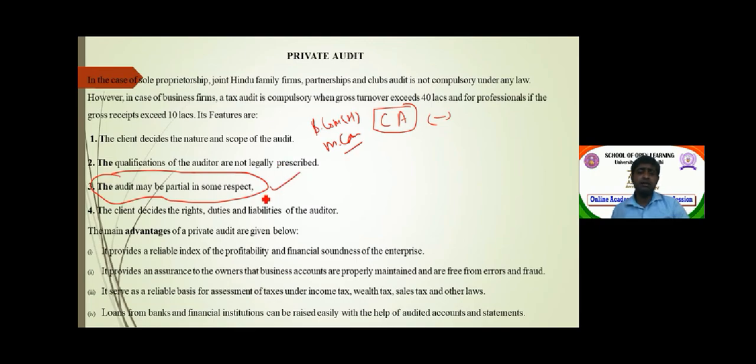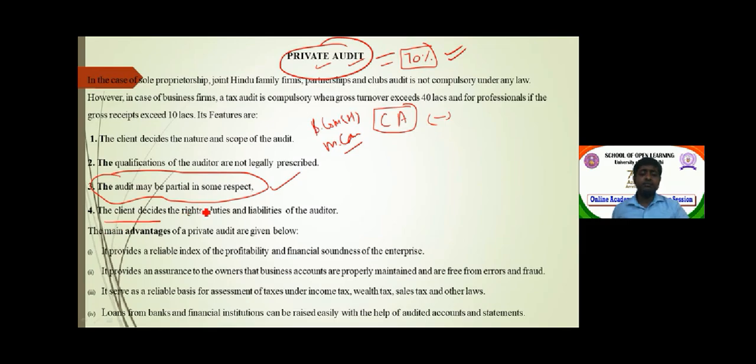Partial in some respect means that when you want to get your accounts audited only 70% rather than 100%, the other 30% of the things can be skipped. With respect to this 30% work, you can carry on your activities, although it is not at all like this in the case of government audit or statutory audit, but this can happen in the case of private audit.